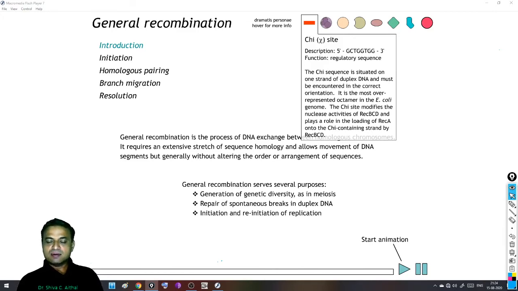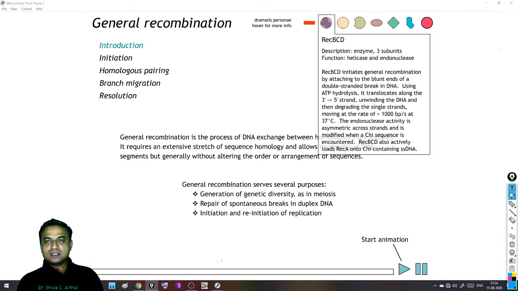If there are free 5' ends and 3' ends, remember this is an endonuclease type of enzyme which goes on degrading the free DNA. So this nuclease activity is modified by the Chi site and helps in initiating the recombination. So you can attribute two functions to the Chi site: first binding, second modification of the RecBCD's nuclease activity.